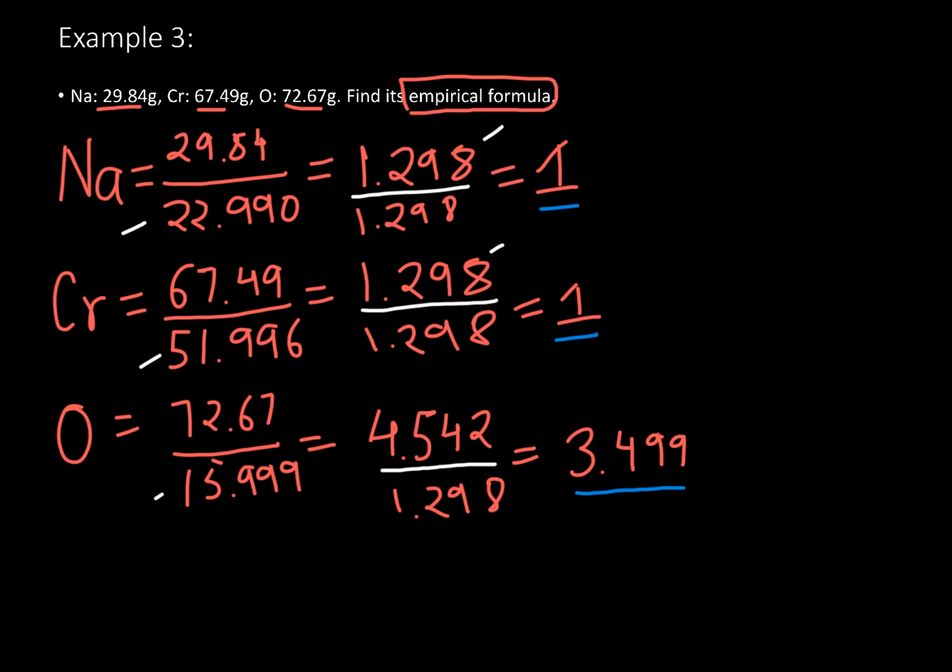Alright, so I'm going to start multiplying this number by 2, and luckily we get a number that's 7, and so this is a whole number.